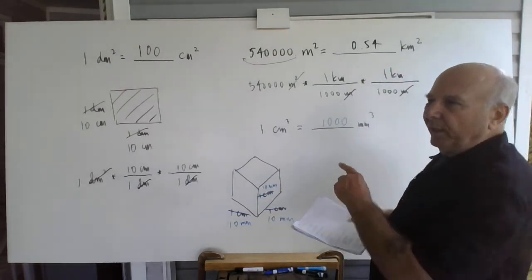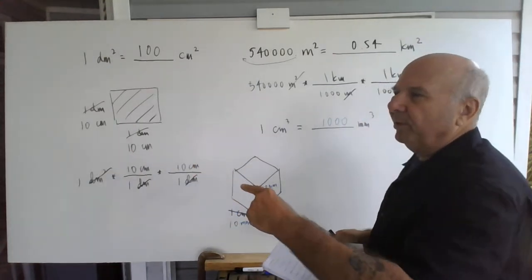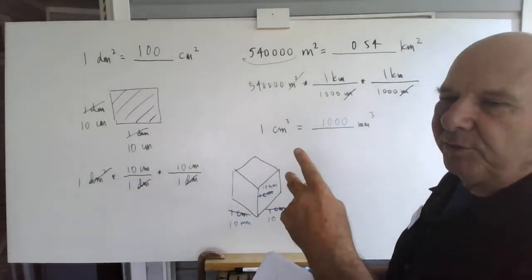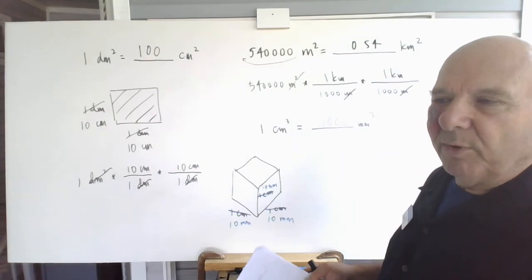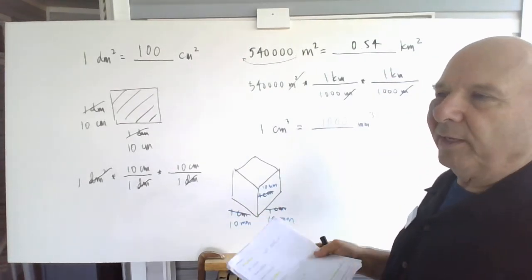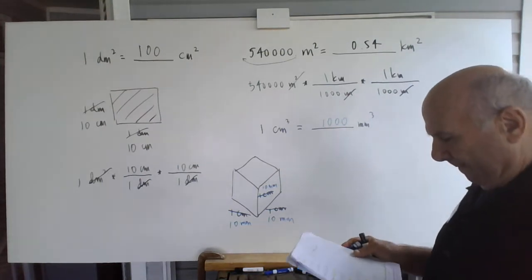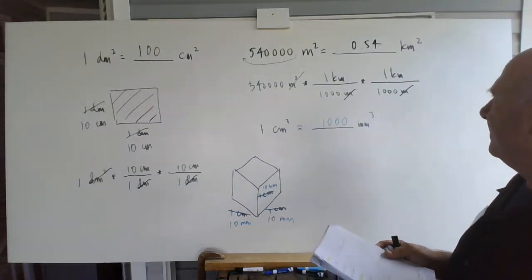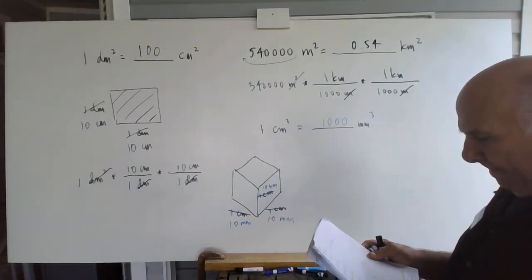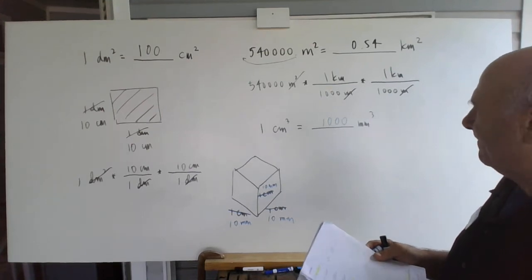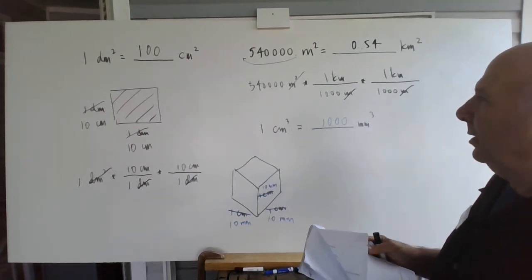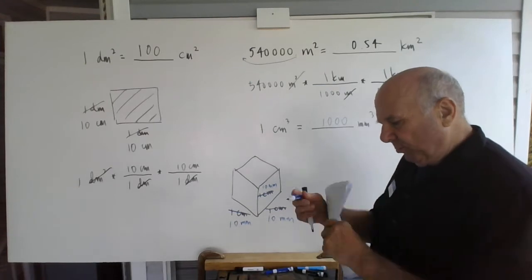So in a linear sense, to go from centimeters to millimeters, you just multiply by 10. But when it's cubed, you multiply by 10 cubed. You got to use 3 powers of 10. Okay, let me erase this and we'll move on.